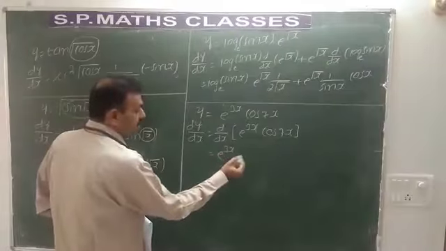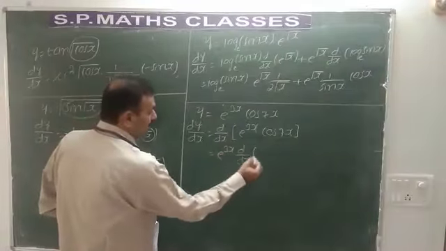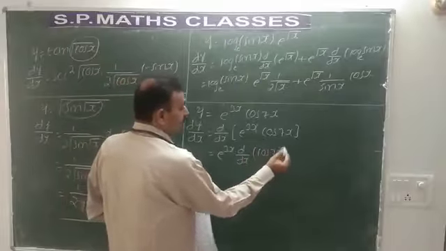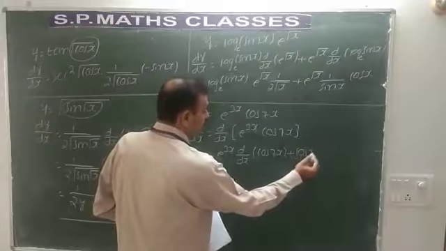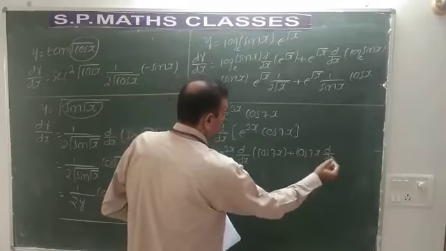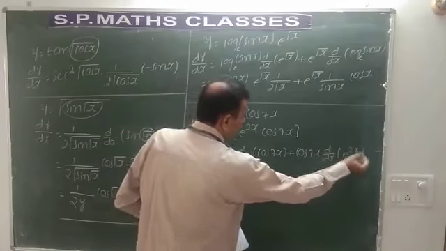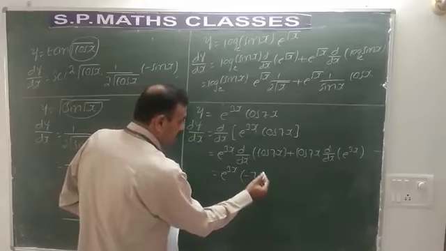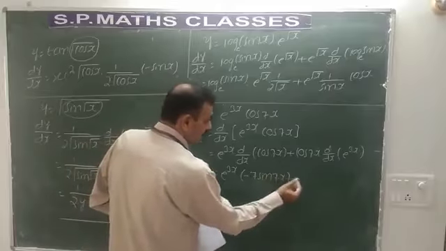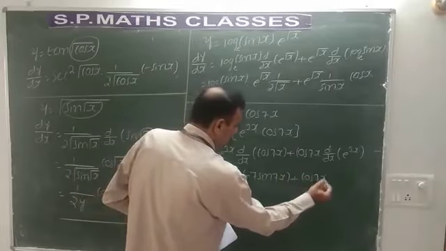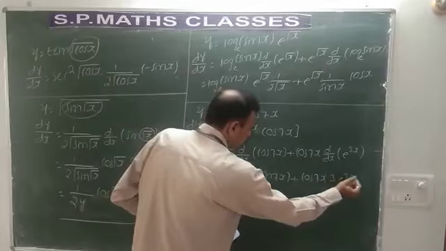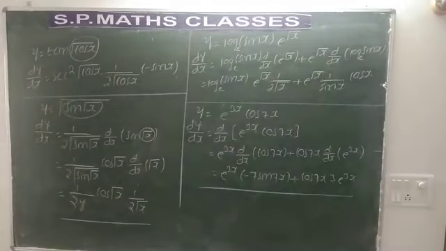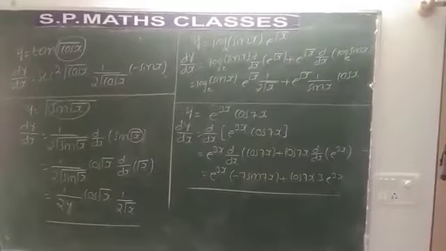First function into derivative of the second, cos 7x. Second function, cos 7x, into derivative of the first, e power 3x. E power 3x into minus 7 sin 7x plus cos 7x into derivative of e power 3x, 3 into e power 3x. Hope you have understood this problem also. Very simple and equally important. You need to concentrate on this.